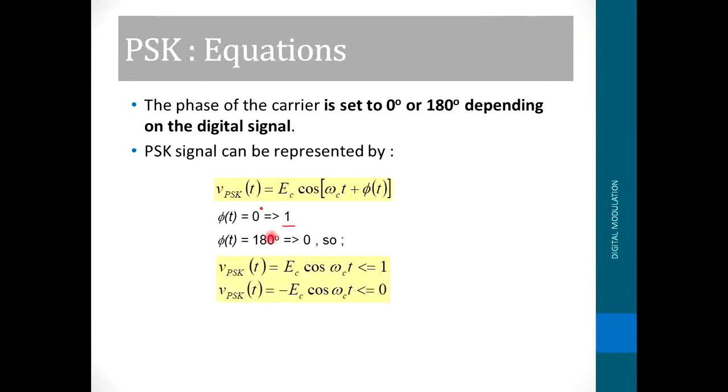For example, 1 and 0, because this is cos, it will be different for the positive and negative. So for 1, it becomes positive EC cos omega C t, and for 0, it is negative EC cos omega C t.